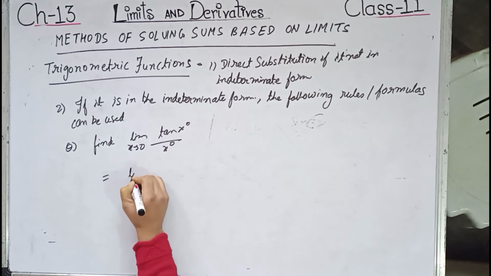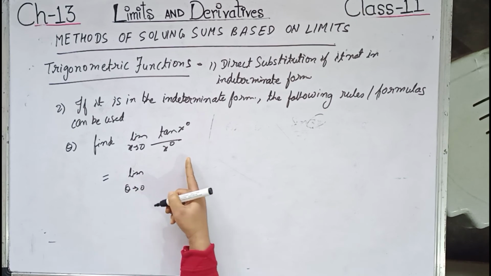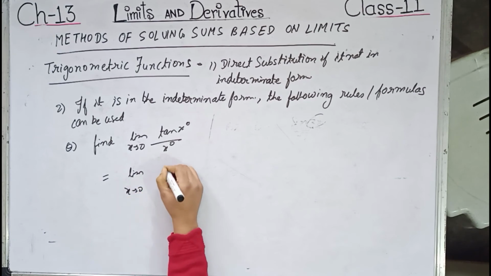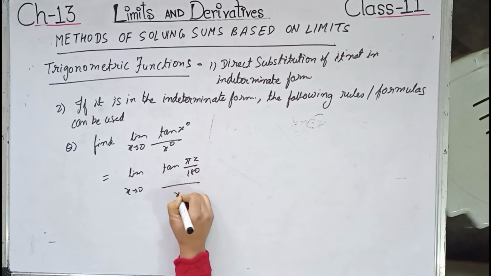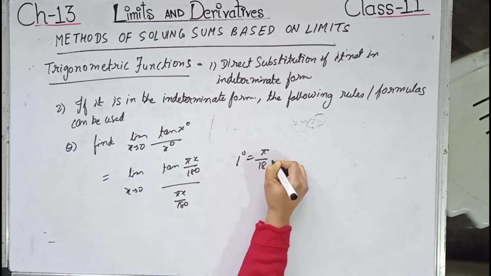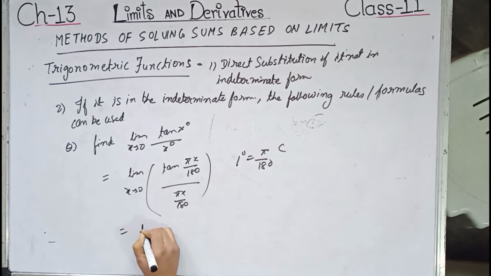So I can write this as limit x tending to 0, and over here I will have to convert it to pi x by 180 divided by pi x by 180, because 1 degree is equal to pi by 180 radian. So this will be equal to limit.